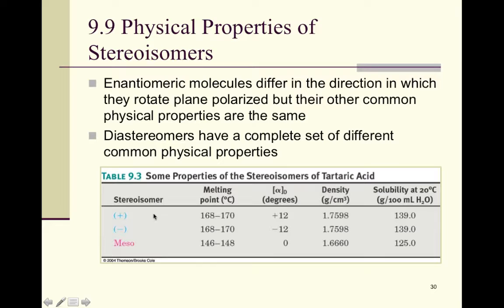The plus, which is the R, rotates plane polarized light plus 12 degrees, while the S, indicated as minus here, has the same number but a different sign. They both have the same melting point, density, and solubility. Now the meso form does not rotate plane polarized light because it has that plane of symmetry in the middle of it, and you see it has a totally different melting point, density, and solubility.